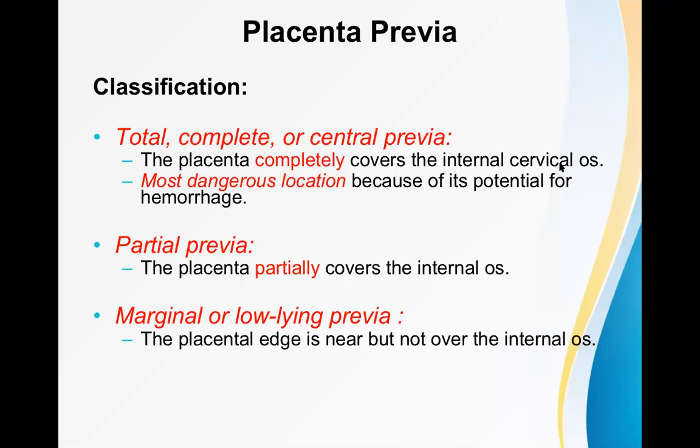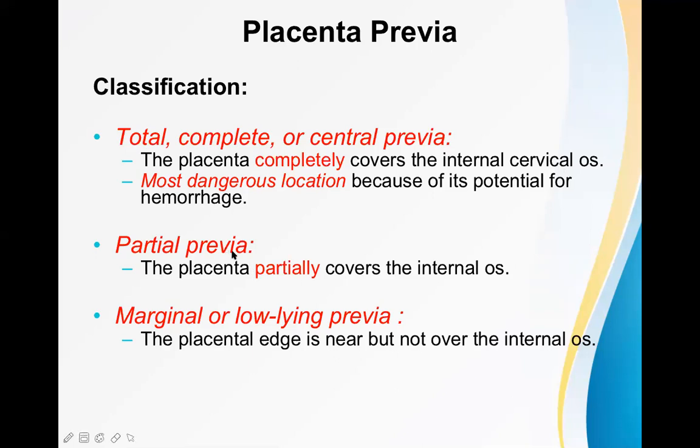So in this type of placenta previa, the placenta completely covers the internal os, and this is a very dangerous type of situation because it is not leaving any space there for the passage of the baby. When the labor pain starts, when the uterus is vigorously contracting, there may be severe hemorrhage.